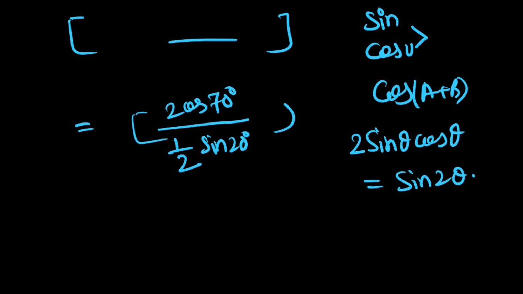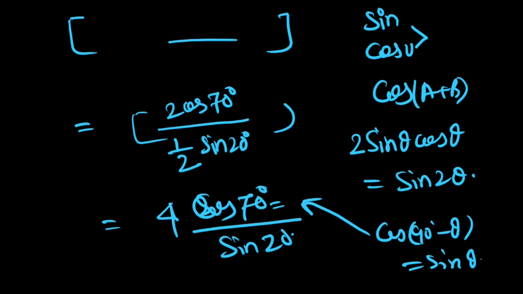Using these two identities we get 4 cos of 70 degree over sine 20 degree. Here we use another identity, cos of 90 degree minus theta is equal to sine theta. Using this identity we get 4 times sine 20 by sine 20, and sine 20 and sine 20 are cancelled. We got the answer 4.